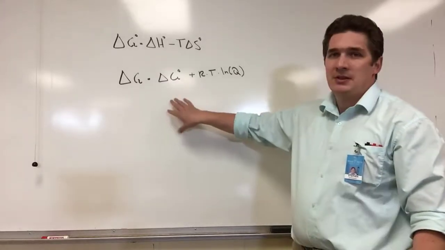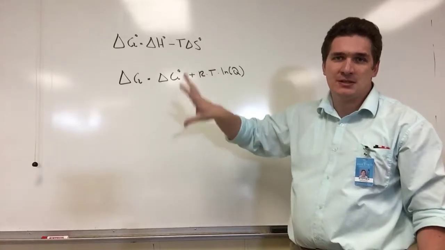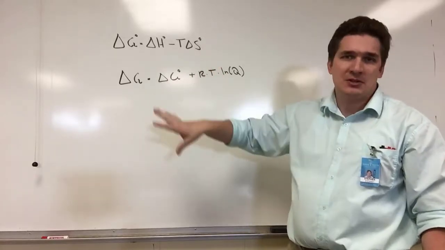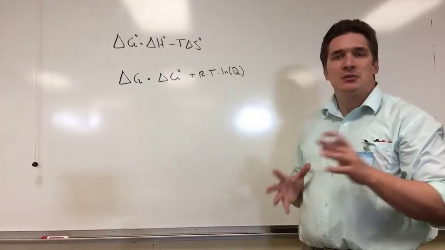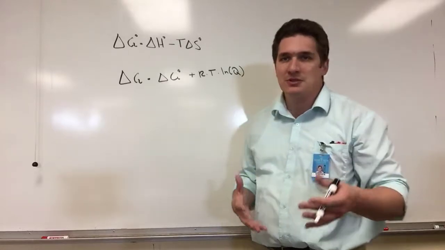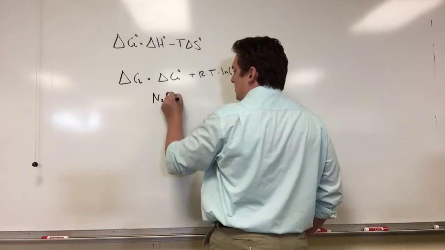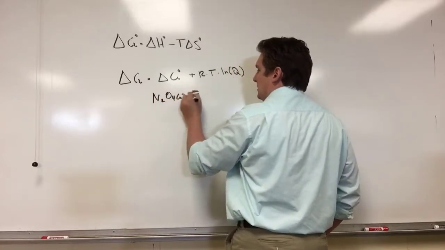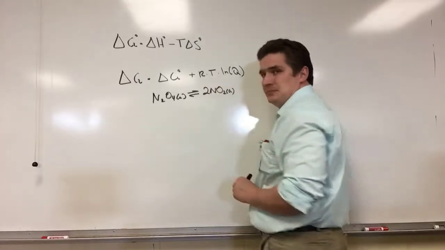So the actual free energy change is the free energy change assuming we have 1 molar gases and mixtures and whatever the concentration of the solid liquids are plus this RT. And this Q is going to give us basically the corrections for the concentrations. Now you need to go look at the video on figuring out how to do reaction quotients. But let's say we had just the simple equilibrium of N2O4 gas going back and forth to NO2.